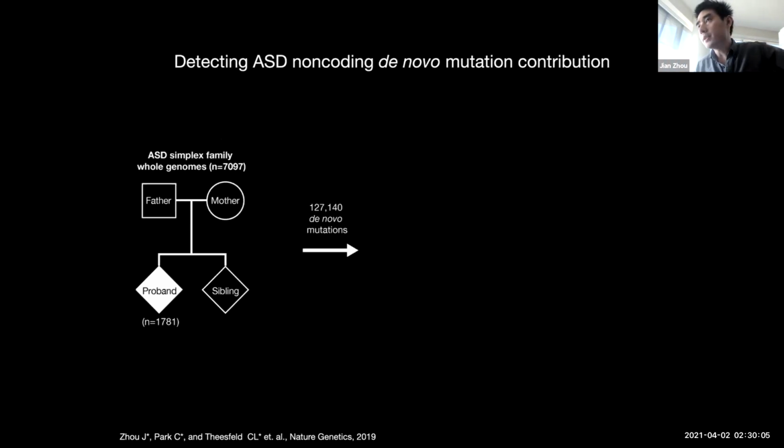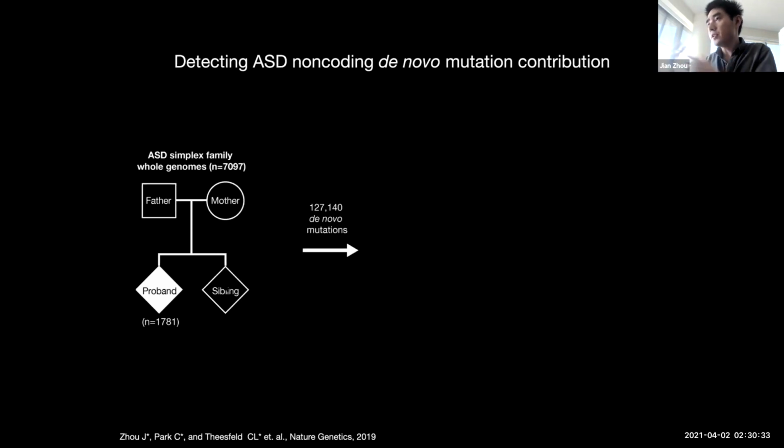This is the data that we have: de novo mutations from simplex families, which means that we have an individual with autism and another individual without autism, who is our control. So we have mutations from both the proband, who has autism, and an unaffected sibling. Then we can compare these two sets of mutations to see whether there is a significant difference.